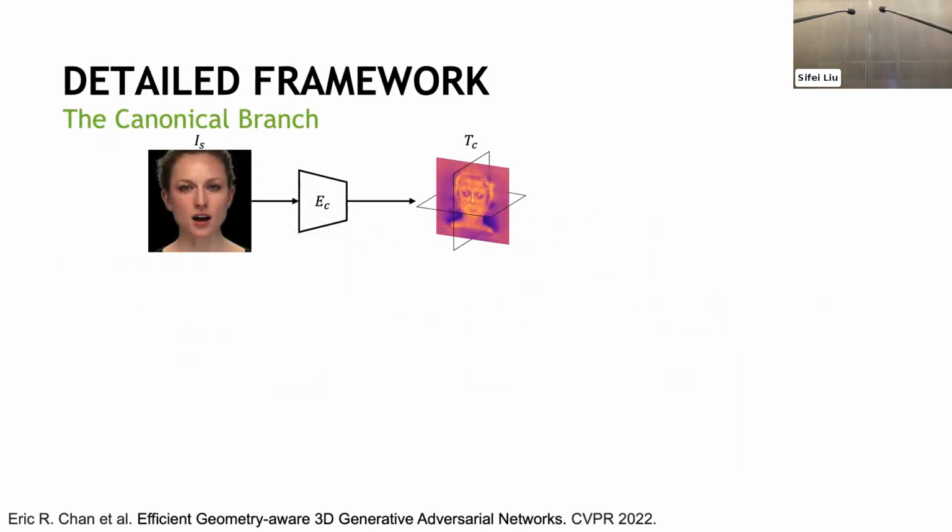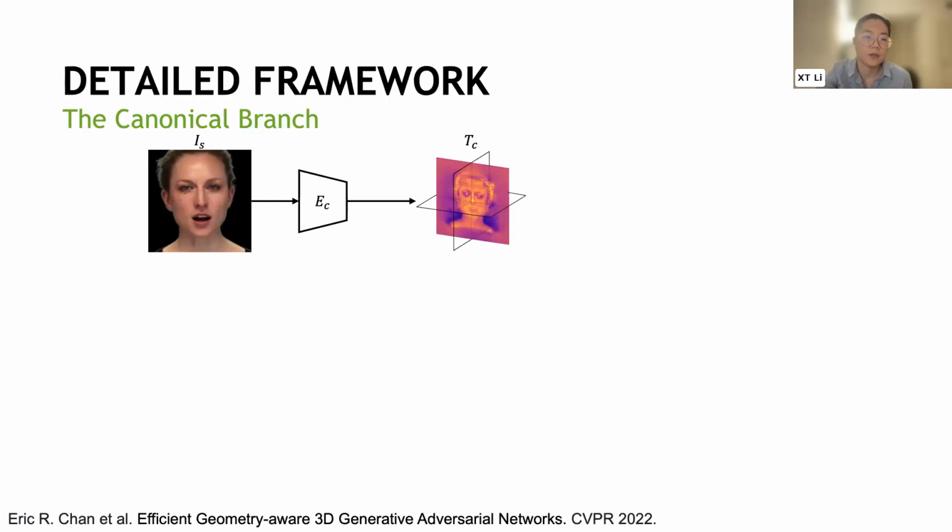We start with the canonical branch. This branch takes the source image as input and reconstructs a triplane capturing the canonical geometry and texture of the portrait. We adopted the triplane representation because it's very memory efficient. It's also very easy to integrate with 2D convolutional neural networks.